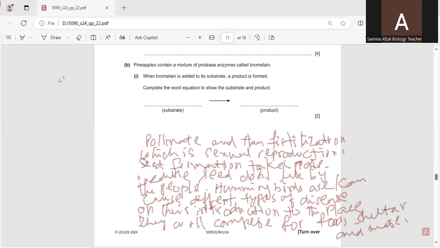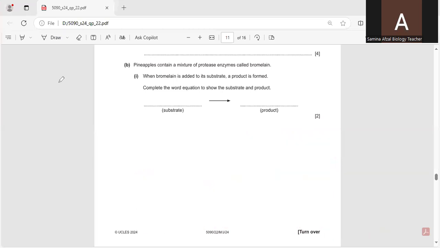So pineapples contain a mixture of protease enzymes called bromelain. When bromelain is added to its substrate, product is formed. So bromelain is an enzyme. Enzymes are made up of proteins. Complete the word equation to show the substrate and the product.